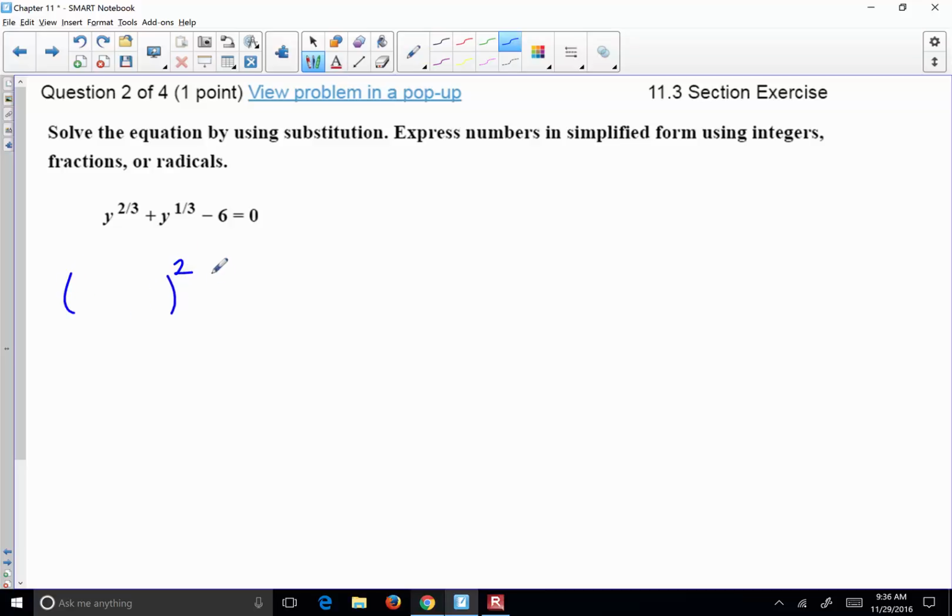You need to change this into the square of something plus whatever thing you got here with single power, maybe some number in front, and a constant number. This -6 is not going to change, and the 0.